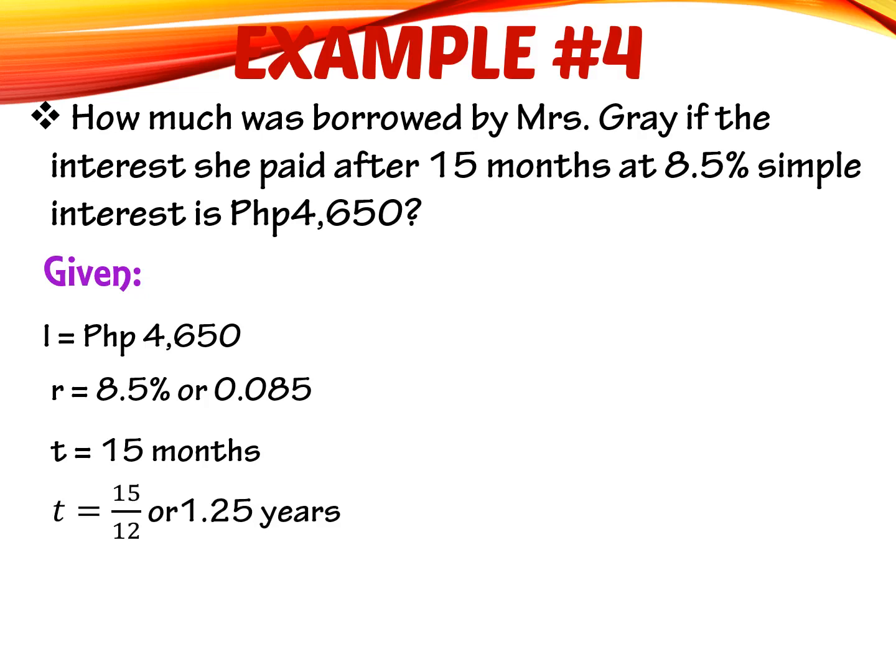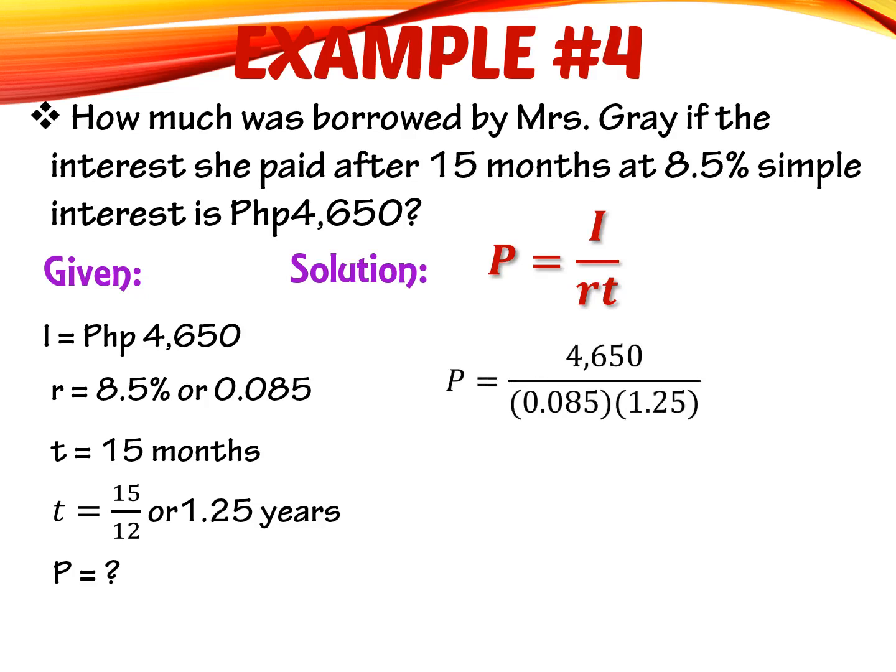And you are asked to find how much was being borrowed. So that will be your principal. So using the formula that we have derived, we will have P is equal to I, interest, divided by rate times time. So substitute the given. So that will give you 4,650 divided by the rate 0.085 times the time, which is 1.25 years.